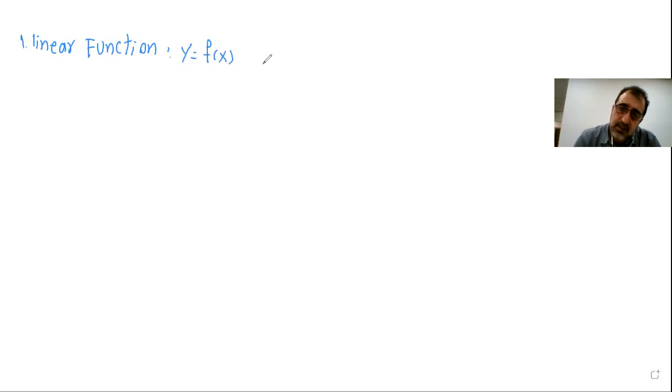It looks like this. Simplify. This is the linear function.